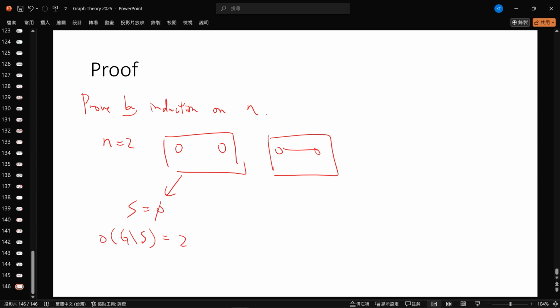If it satisfies Tutte's condition, then this should be at most the number of vertices that you remove. But this is not the case, because here we actually remove nothing. So it does not satisfy Tutte's condition, and in our proof, we don't need to consider this graph.